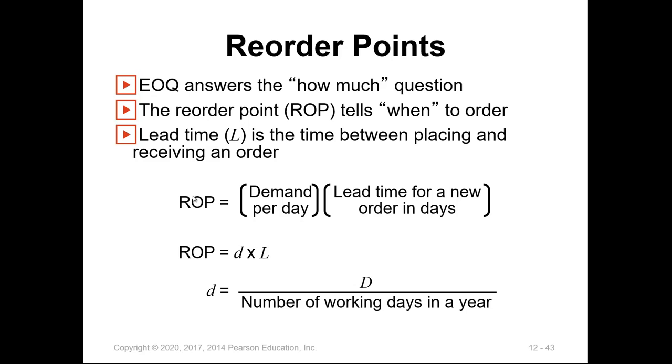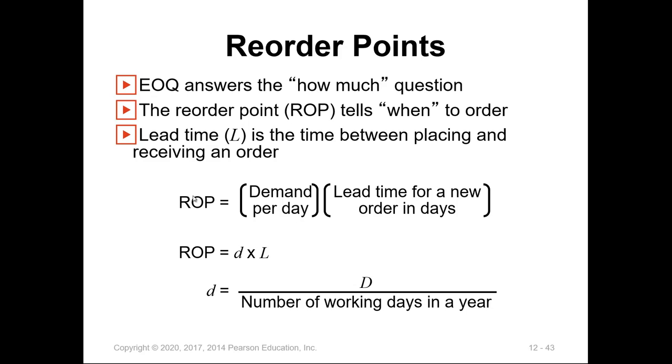But in fact, there will be a time between placing an order and receiving that order, which is called lead time. Considering that the lead time might be days, weeks, or even months, the firm should not wait until they have zero inventory of an item to order.